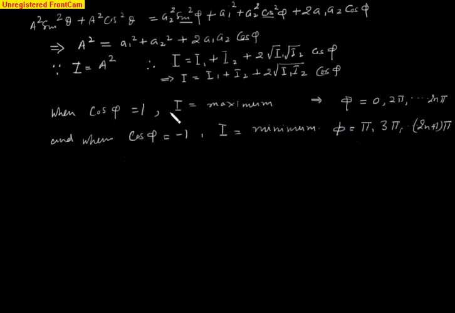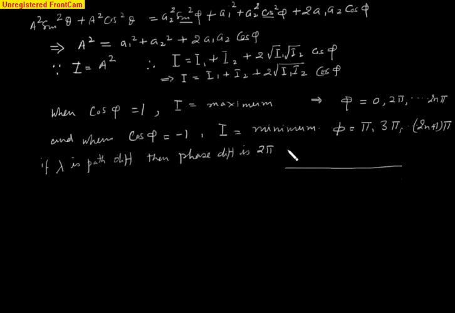Now we know that path difference corresponds to phase difference. The relation is that if the path difference is lambda, then the phase difference is 2 pi.